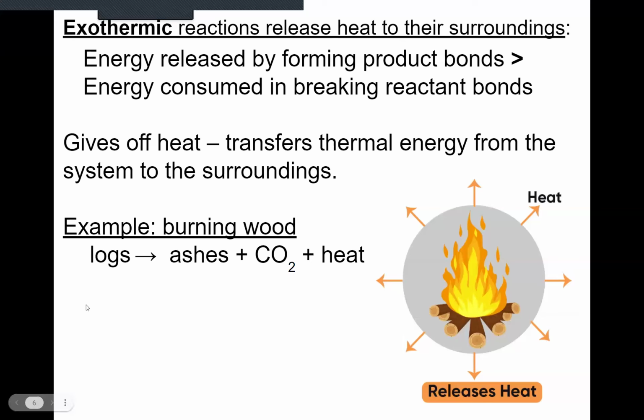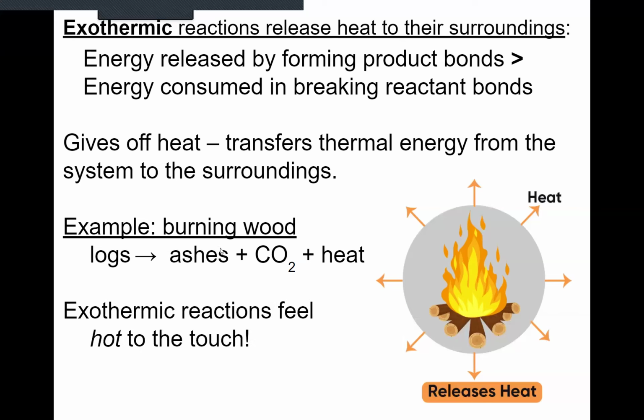But if we put it kind of crudely and just say logs yields the ashes, which is what is left of the log after the reaction, plus carbon dioxide, plus a good amount of heat energy, we have a rough equation for burning wood. If you've ever sat around a campfire, you know that exothermic reactions are hot to the touch. So they're giving off tremendous amounts of heat energy.